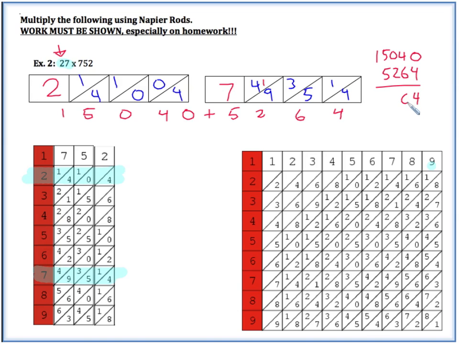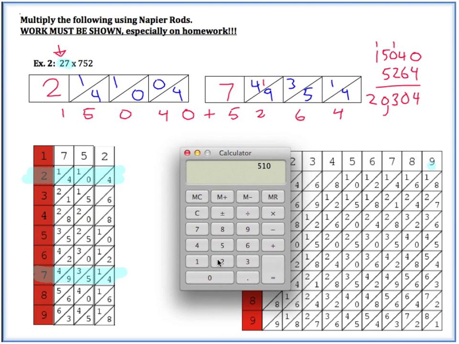So we have 4, here's a 10, here's 3, here's another 10, so it's 2, and so our number becomes 20,304. And again, let's check that. 27 times 752, and we get 20,304.